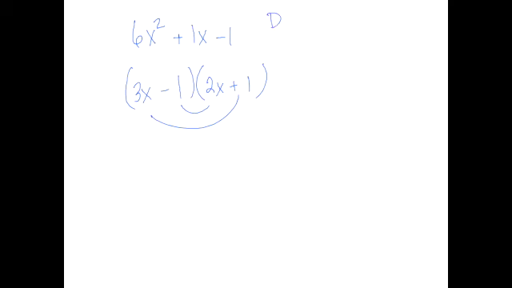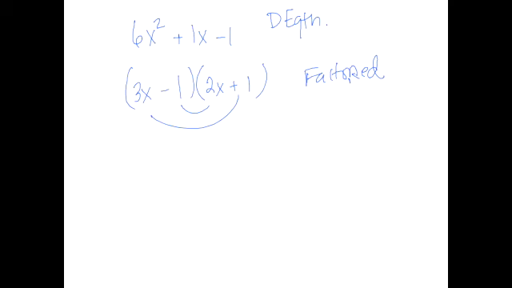So this was our depressed equation, and I took the depressed equation and I factored it. In fact, some of you would have done factor by grouping, but I can just do factoring really easily like this.